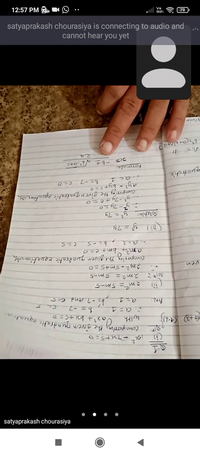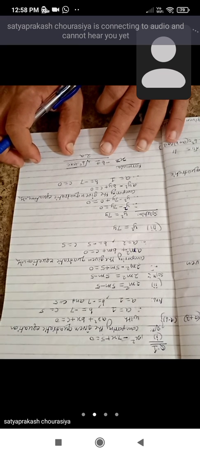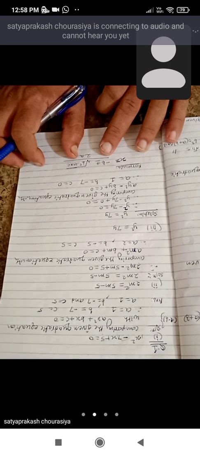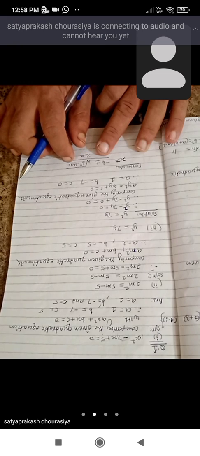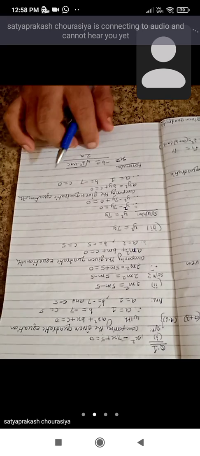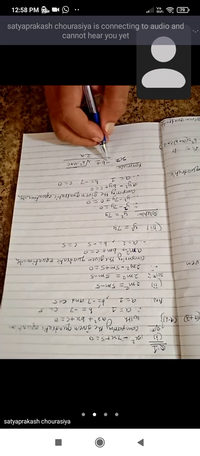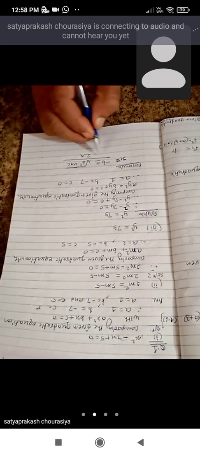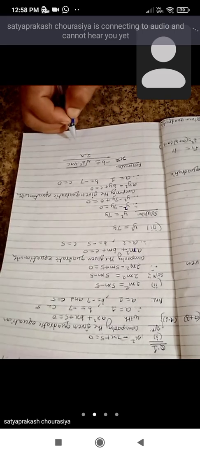The coefficient of the middle term, coefficient of the second term, or the coefficient of the variable whose power is 1. Here also b square minus 4 into a, where a is the coefficient of the first term and c is the constant term, upon 2a. अब देखो ध्यान से, कुछ स्टूडेंट क्या करते हैं, 2a ओनली माइनस b के नीचे लिखते हैं, whereas the 2a is in the denominator of the whole minus b plus minus under root b square minus 4ac.